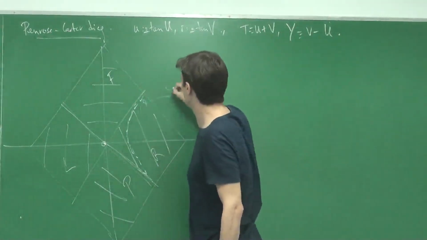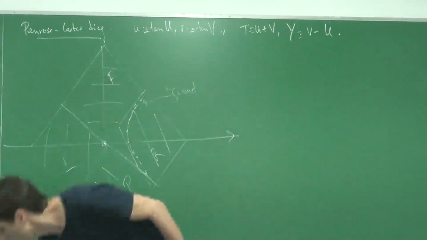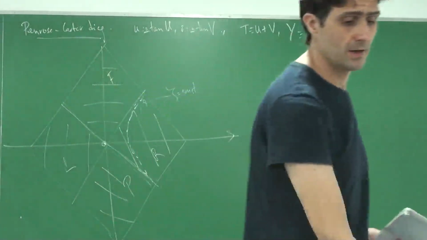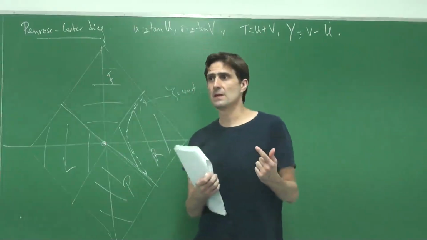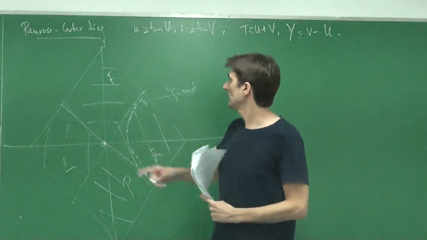Okay, so this is a z equals constant world line. It's the world line of a uniformly accelerated observer. Remember when I explained about Penrose diagrams that not all time-like world lines end up at I plus.